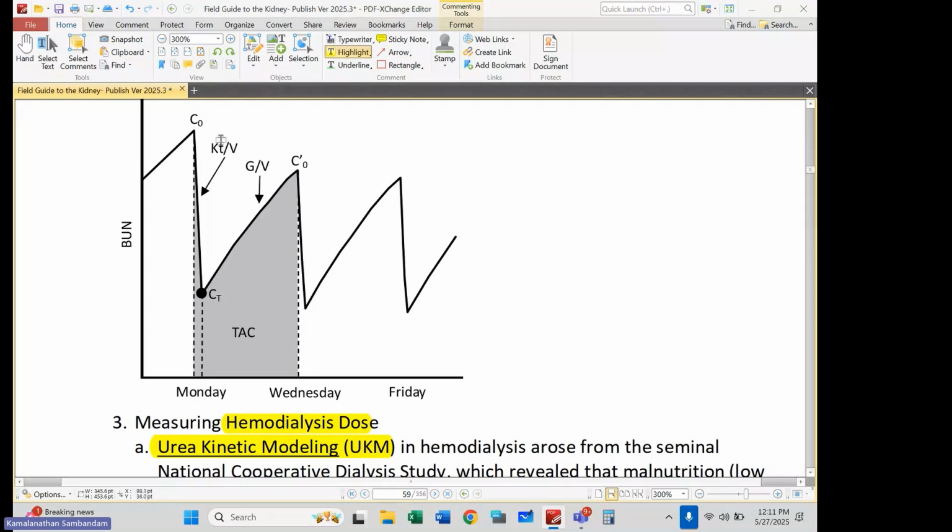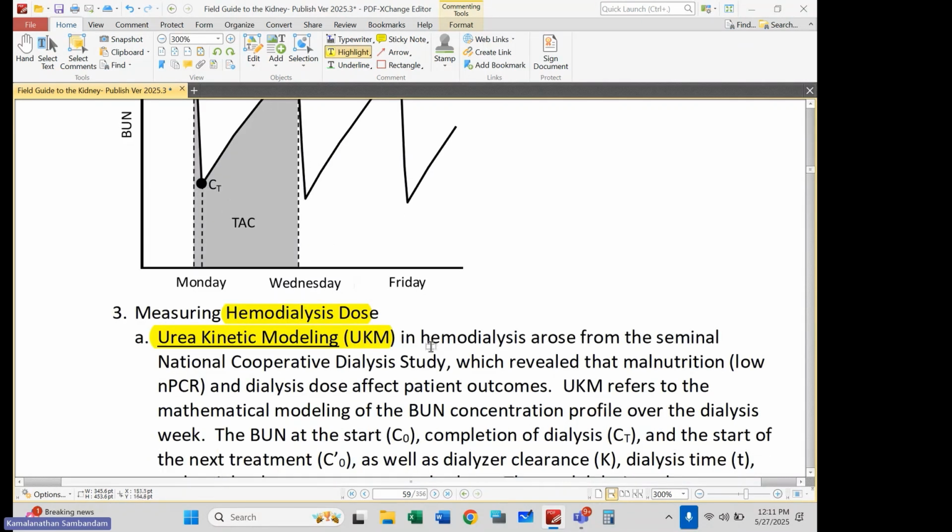Okay, you put in blood flow, dialysate flow, and KOA, as well as dialysis time, to calculate KT over V. But really the urea kinetic model derives these two parameters, the effective V as well as the urea generation rate, and then you use again blood flow, dialysate flow rate, dialysis time, and KOA to calculate the numerator of this KT over V. Okay, but once again, the outputs are really G and V of the urea kinetic model.